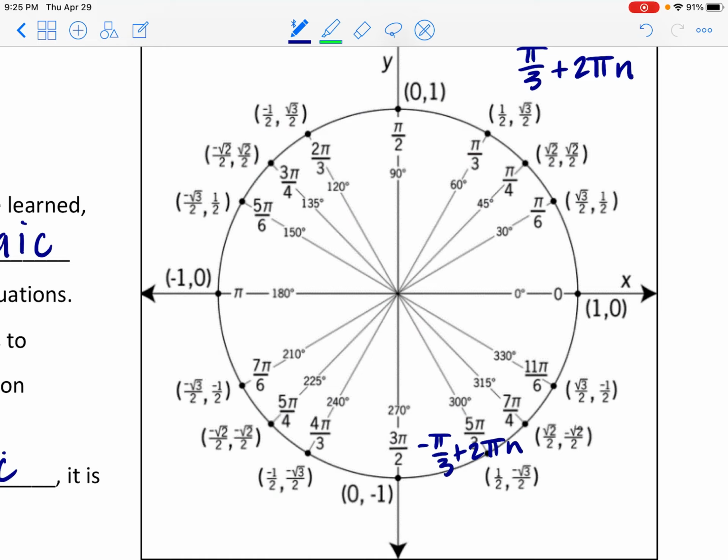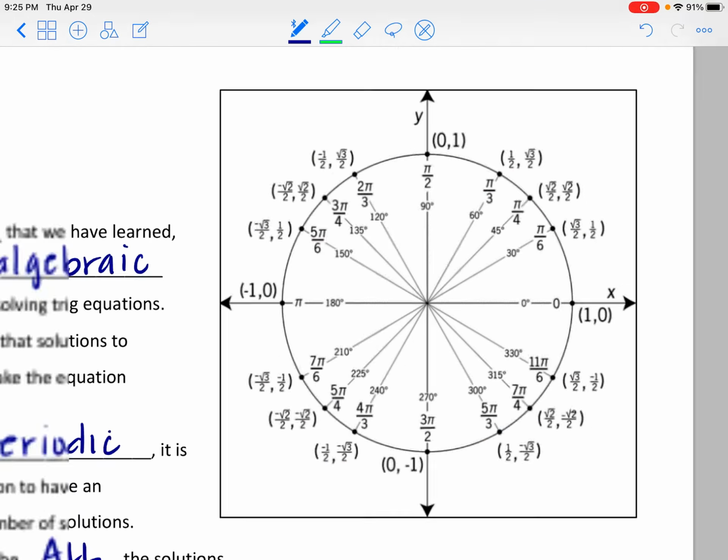So those are going to be two sets of infinite solutions, pi over 3 and negative pi over 3, plus 2 pi n number of times. So that will capture both of those angles where the cosine is equal to a half.